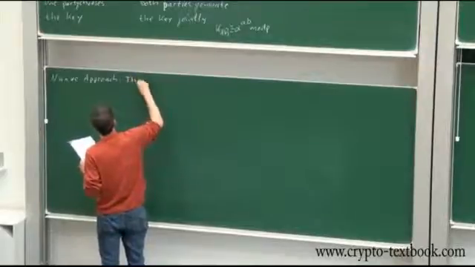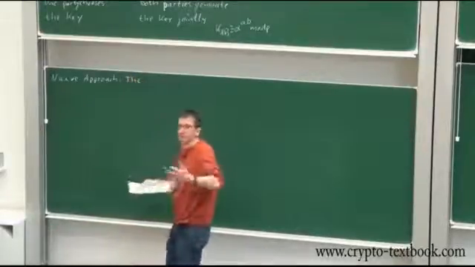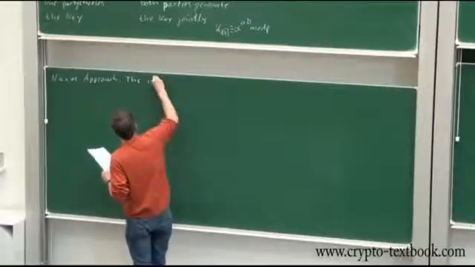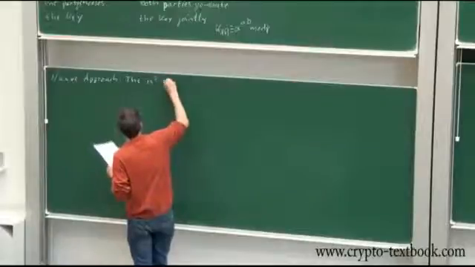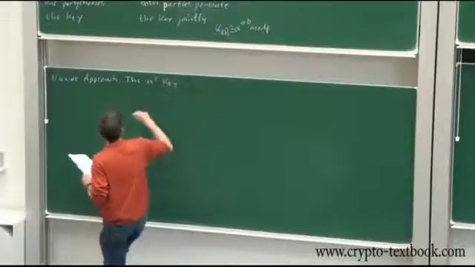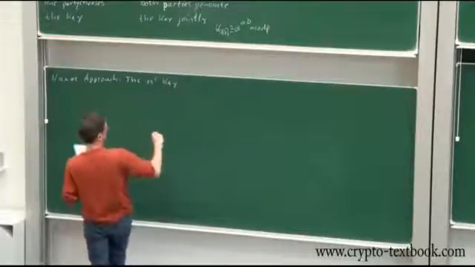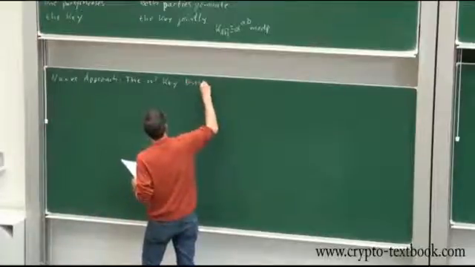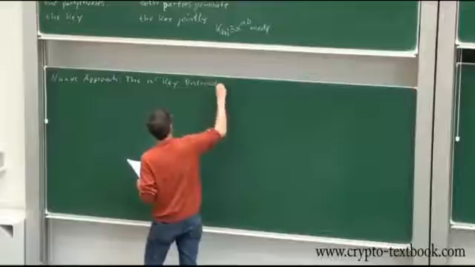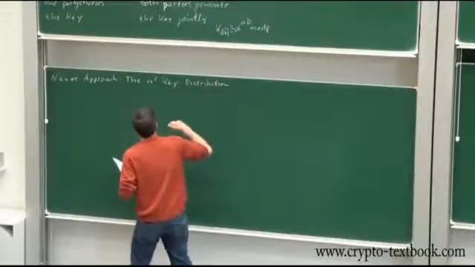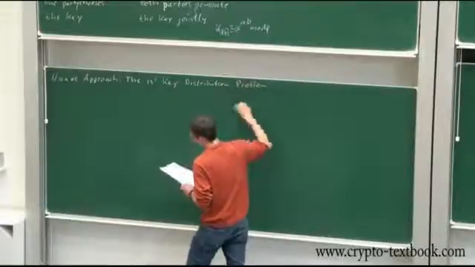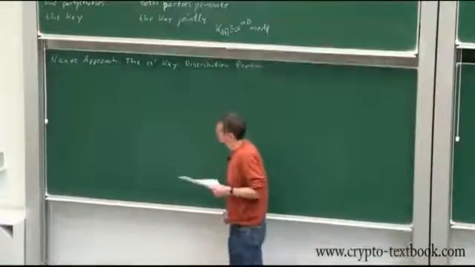Which is also called, and this is a famous simple system setup, the n-square key distribution problem. I'm not sure whether other people call that the problem or the setup or the system.